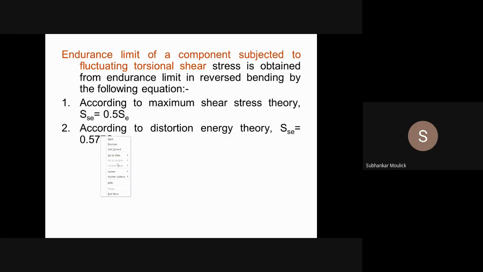Is it clear? This is the endurance limit in shear. Any doubt so far?